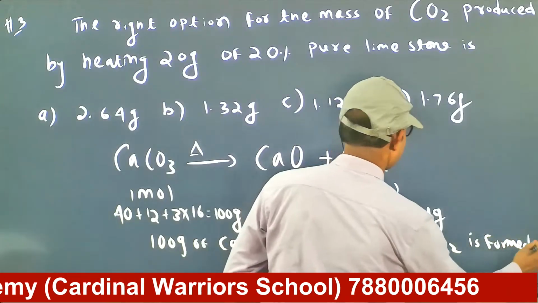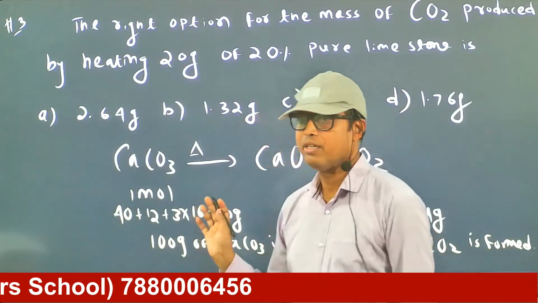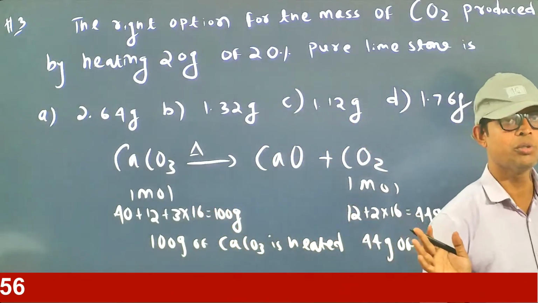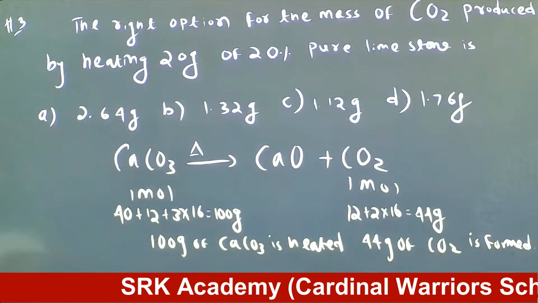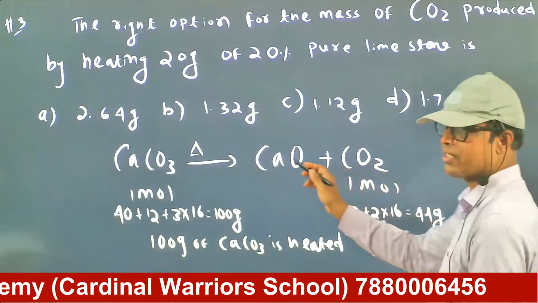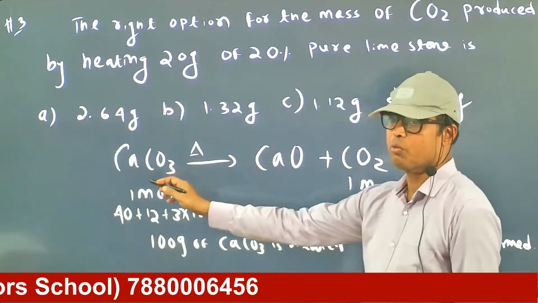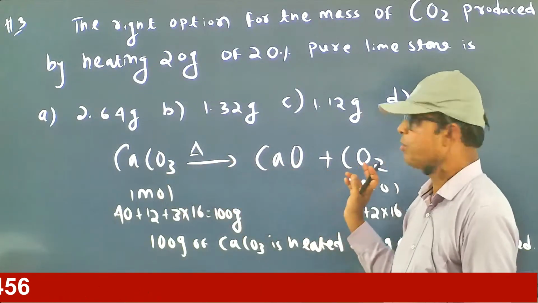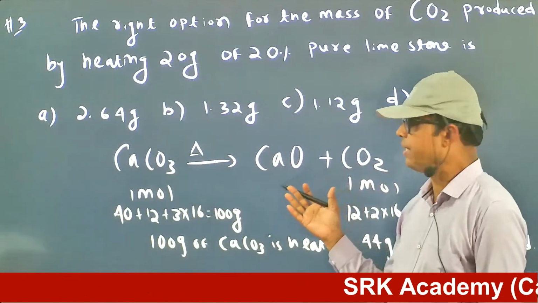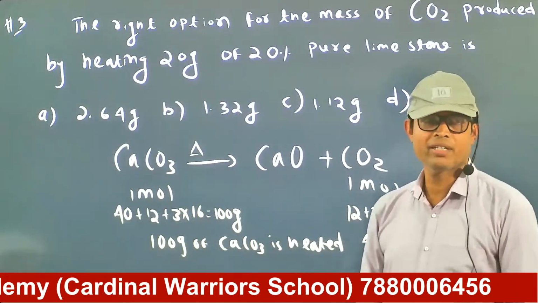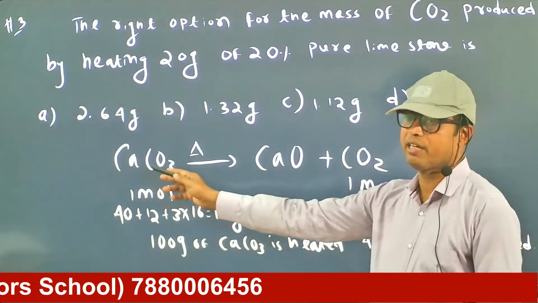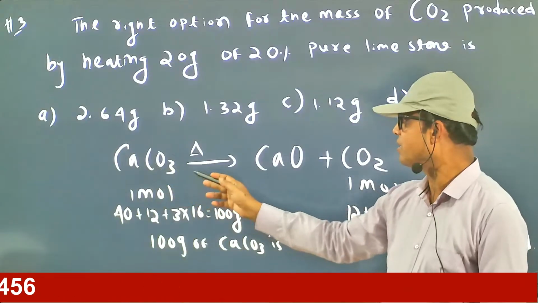Yes or no? Understood up to this point? So CaCO3 is given, and when you heat it, 1 mole of calcium carbonate produces 1 mole of carbon dioxide. In terms of mass, calcium atomic mass is 40, carbon is 12, oxygen 16.